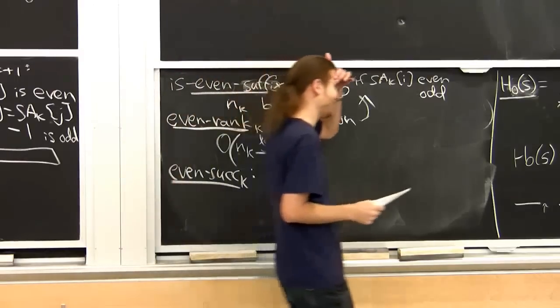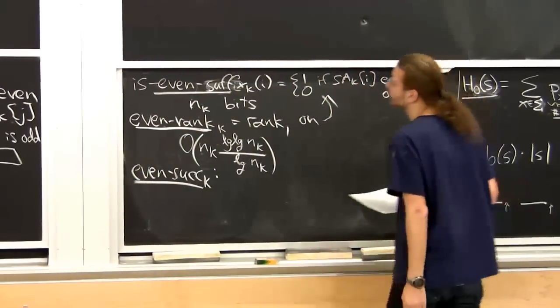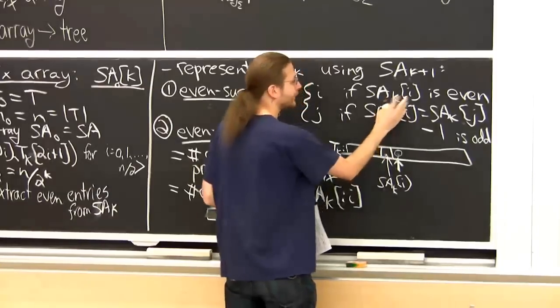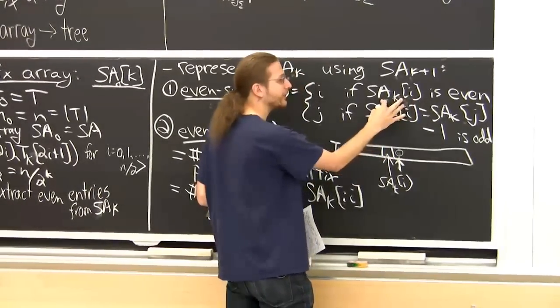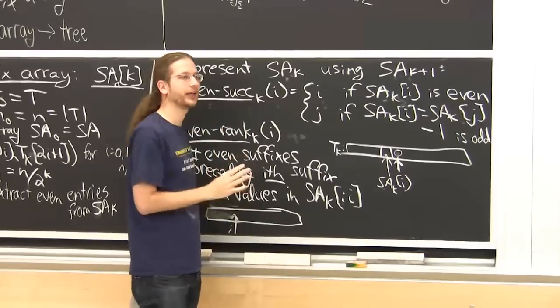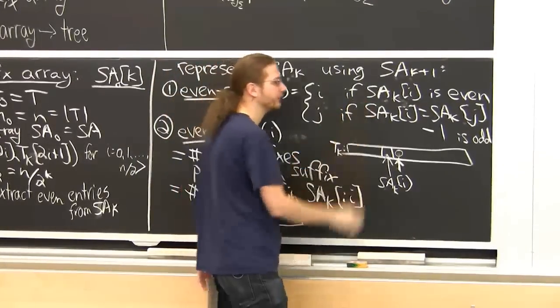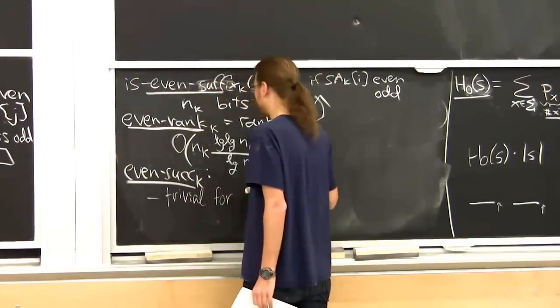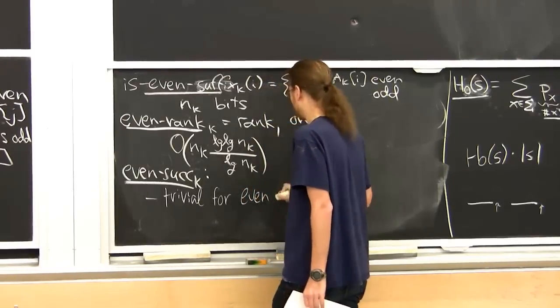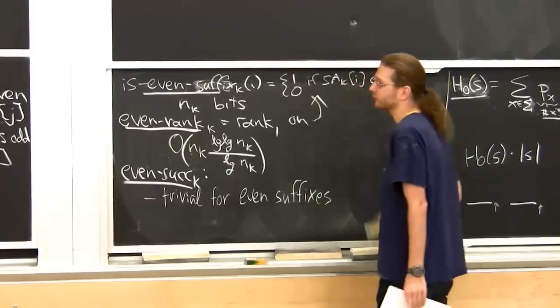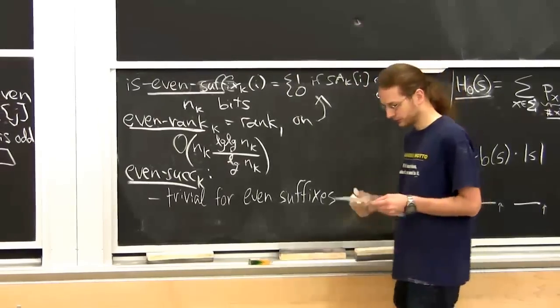OK. A little optimization. If the i's where S_k of i is even, we don't really need to store anything, right? Because then even successor is the identity function. So let's forget about those guys. I'll say it's trivial for even suffixes. So what I'd like to do is store the answers for odd suffixes.